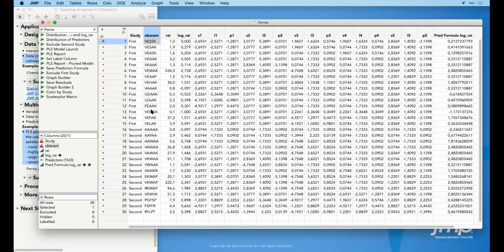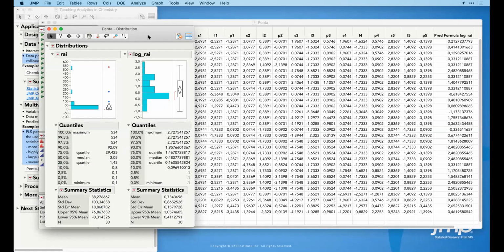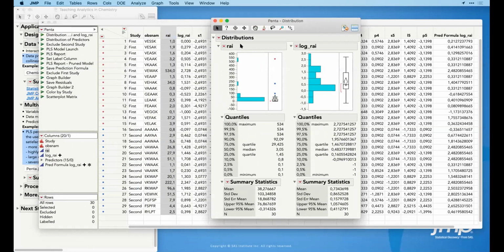So that's the chain of amino acids. And the response here is RAI, R-A-I. This response is highly skewed, as you can see here, and you also see the outliers.